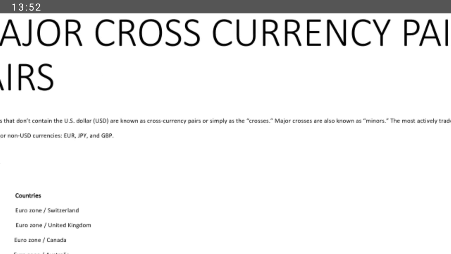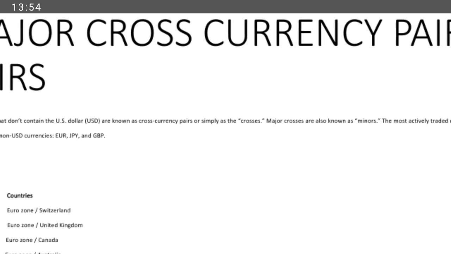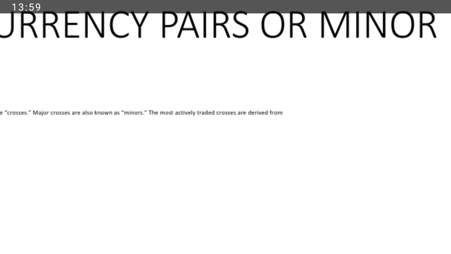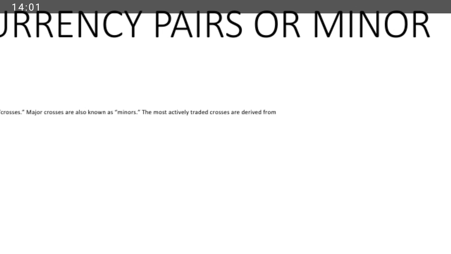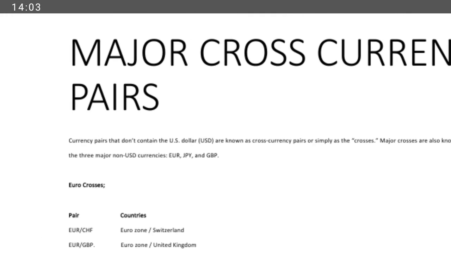Major crosses are also known as minors. The most actively traded crosses are derived from the three major non-US dollar currencies, which are euro, Japanese yen, and Great Britain pound.